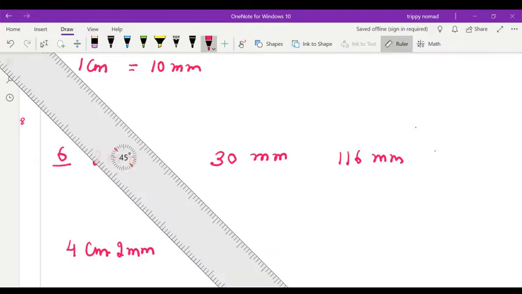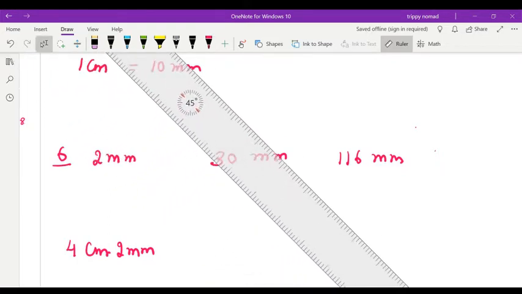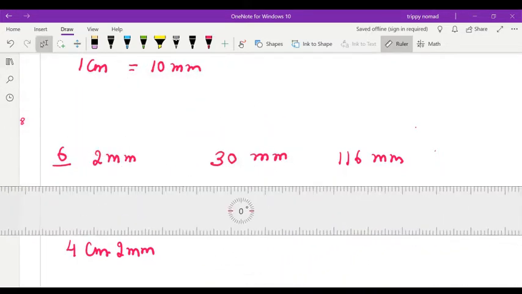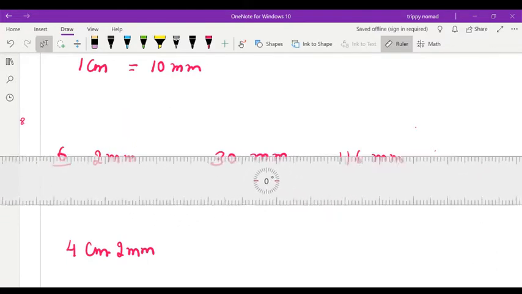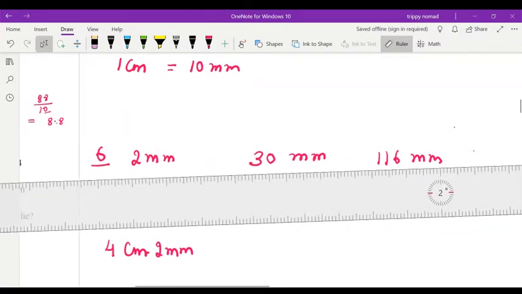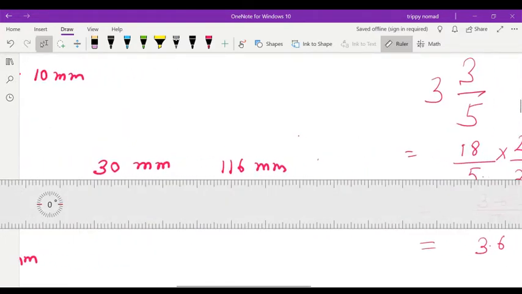You see here, this is a scale. On this scale, children, from this point to this point, this is 1 centimeter, and these small divisions are called millimeters.